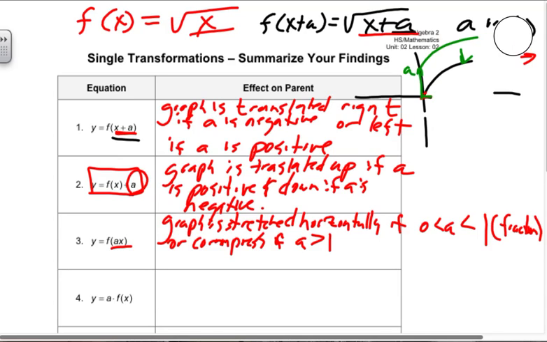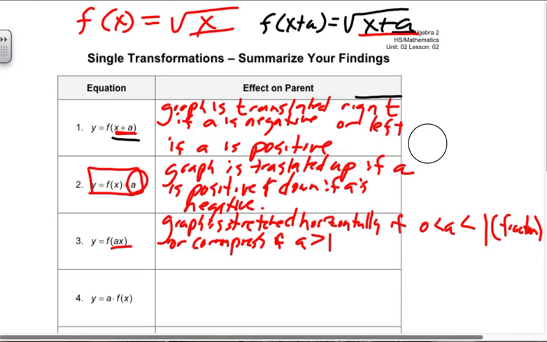And let's go back and deal with the same one we have been dealing with, which is the square root of x. And what this guy is going to look like is, again, here's my parent. And let's deal with an a which is greater than 1, which is going to compress it.